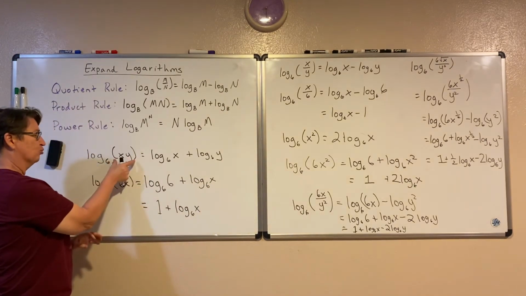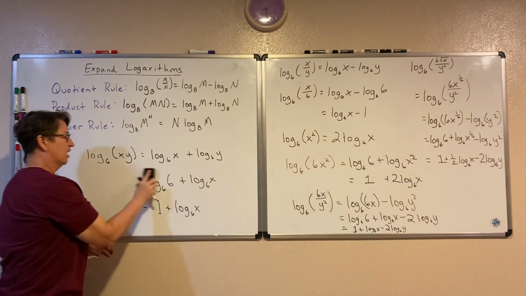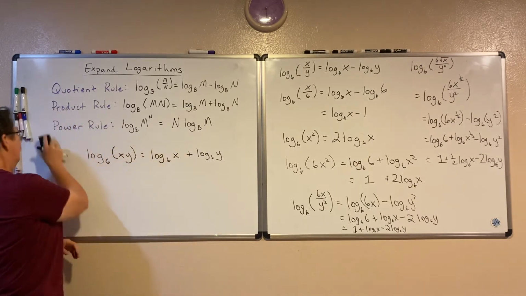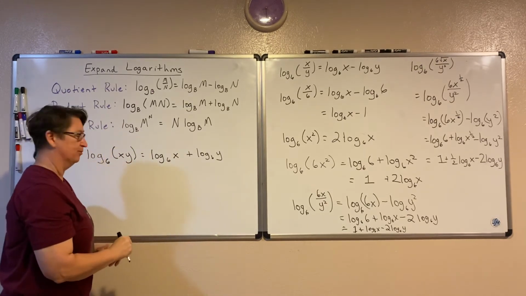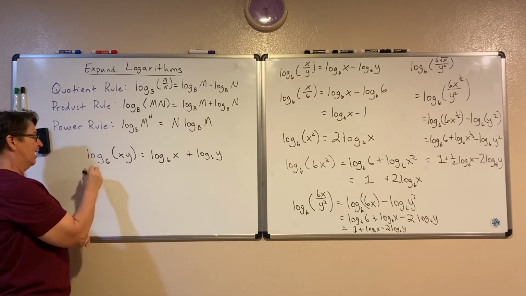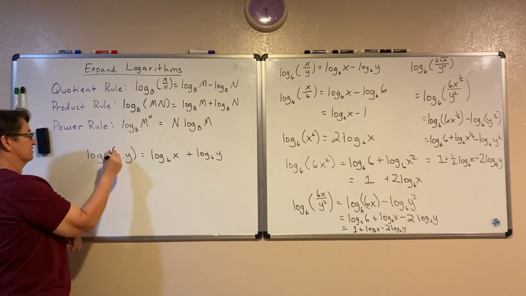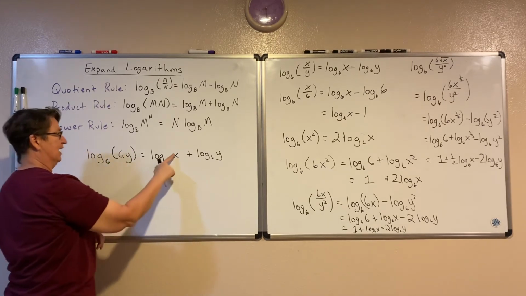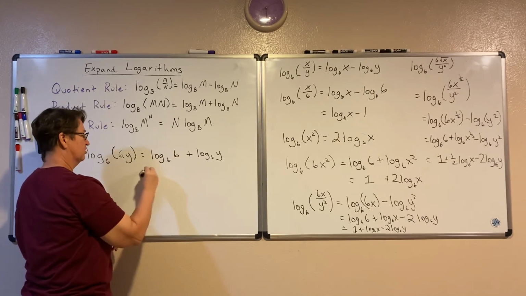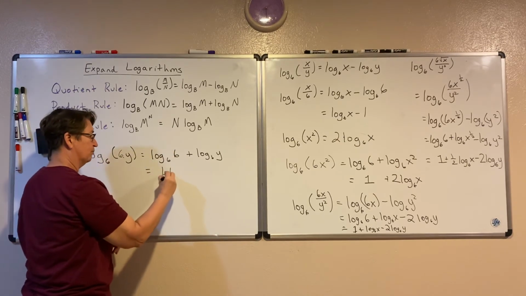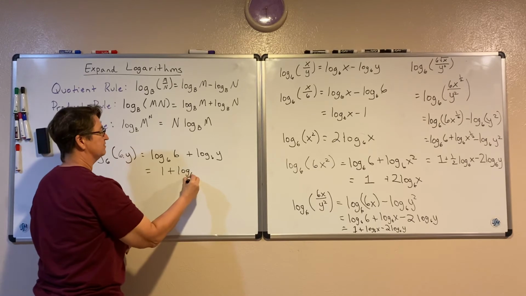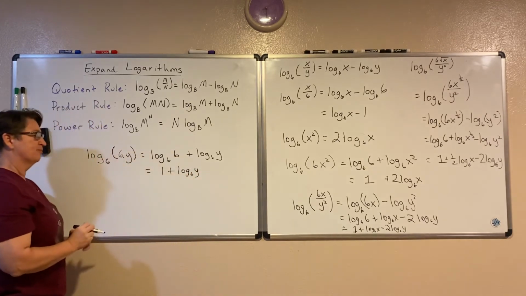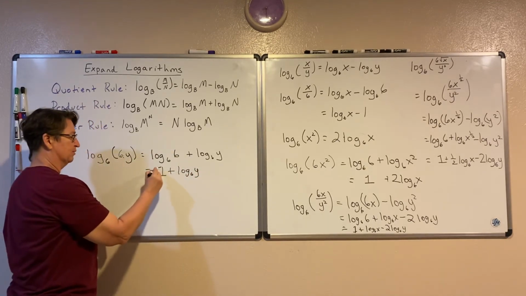Notice that I put parentheses around my argument here when I have an x times a y in there. Or in that bottom one, when I had a 6 times my x. Notice that that's equal to 1 plus that log base 6 of y, because I can simplify this.